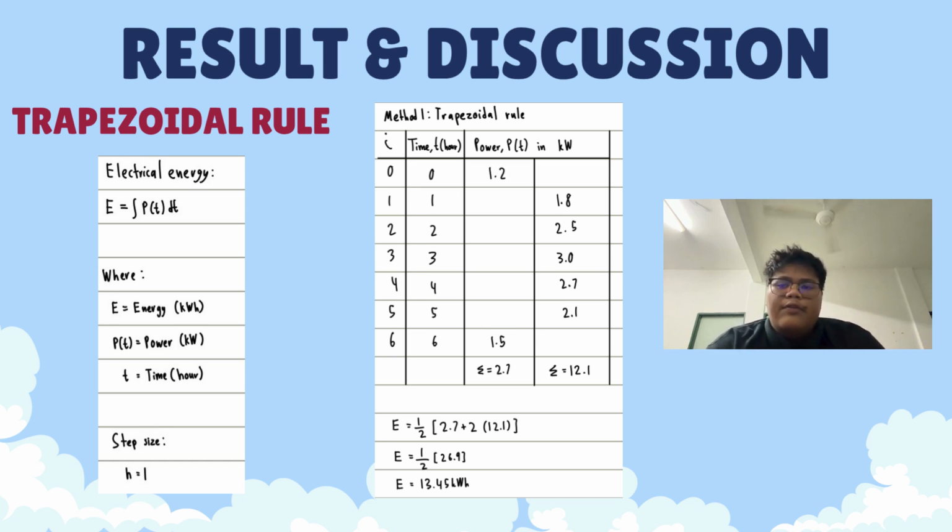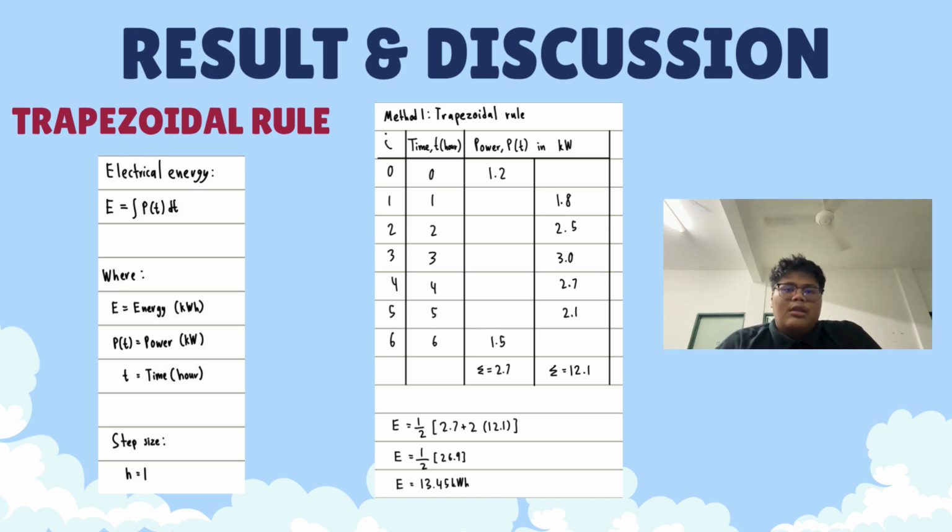In this method, the first and last power values are added normally, while all the middle values are multiplied by 2. In our calculation here, the first and last values give 2.7, and the sum of the middle values is 12.1.